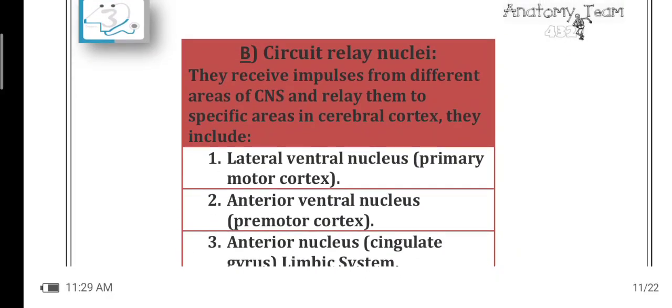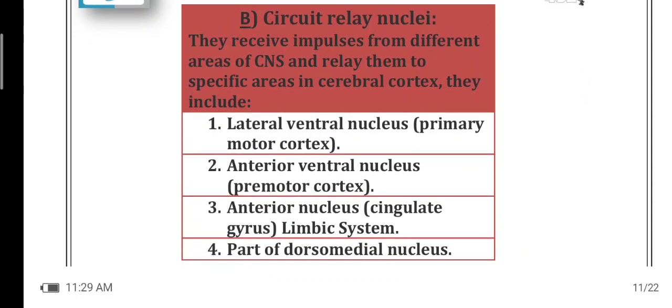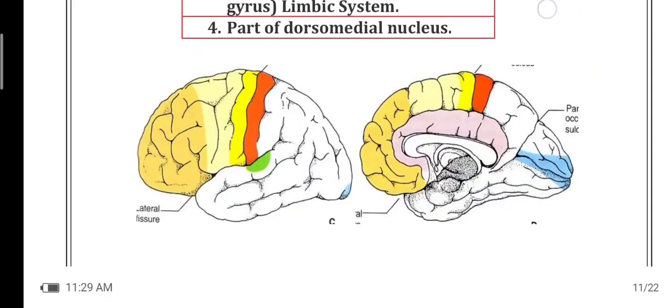Circuit of the relay nucleus. This receives the impulse from different parts of the central nervous system to relay to the specific area of the cerebral cortex. The lateral ventral nucleus, anterior ventral nucleus, anterior nucleus, and part of the dorsal medial nucleus.